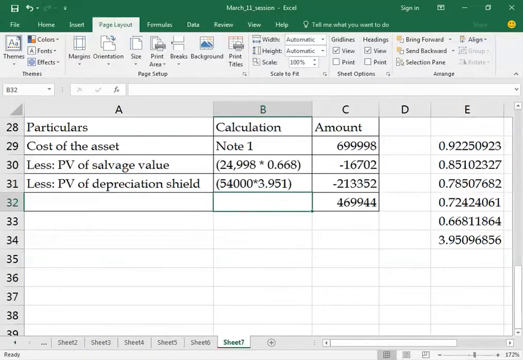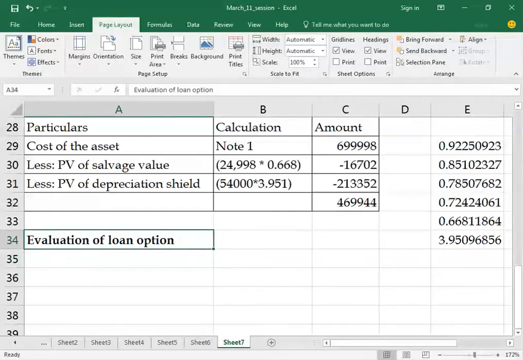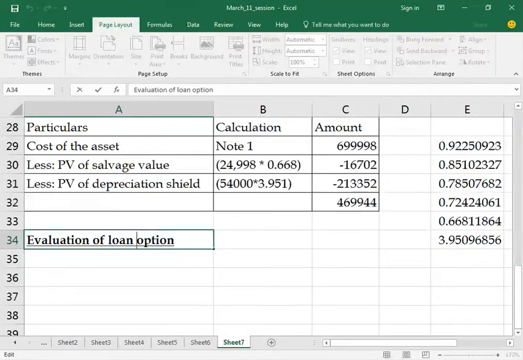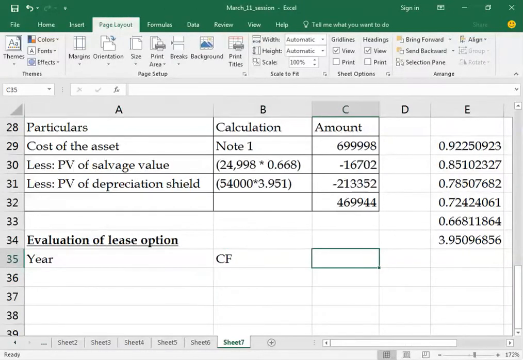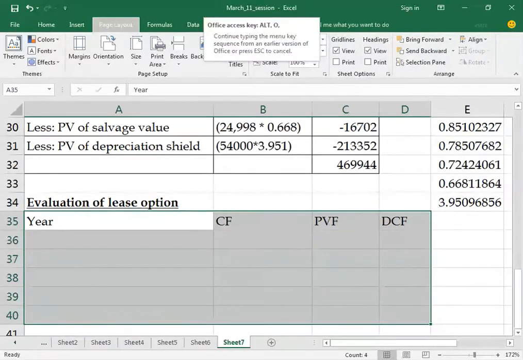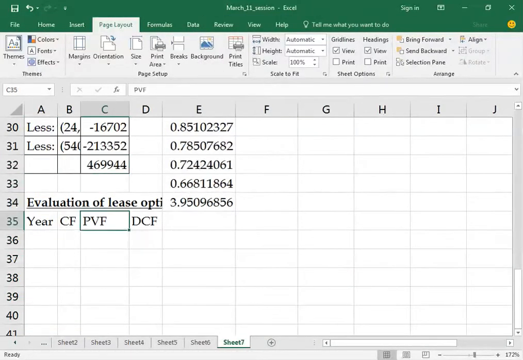So for the loan, we will use this shortcut if the discount rate is the same as the after tax cost of debt. Then analyze the lease option: year, cash flow, PVF, DCF.